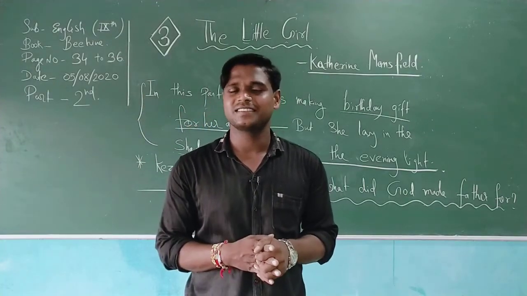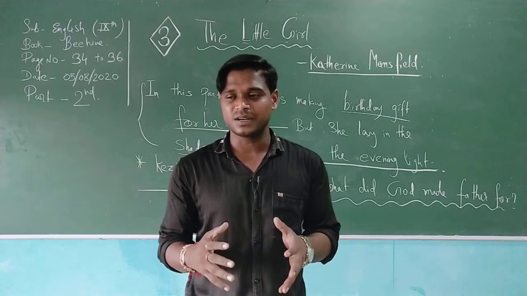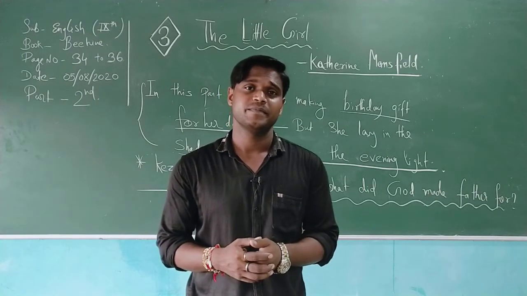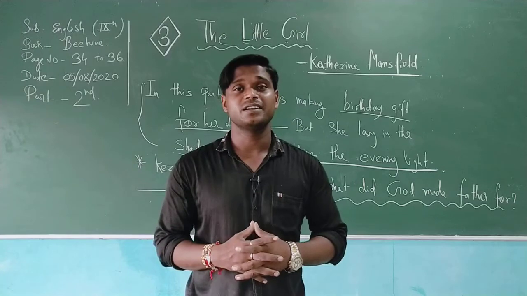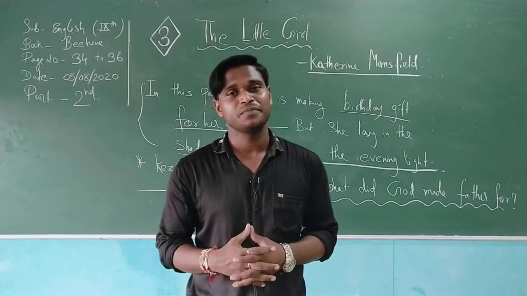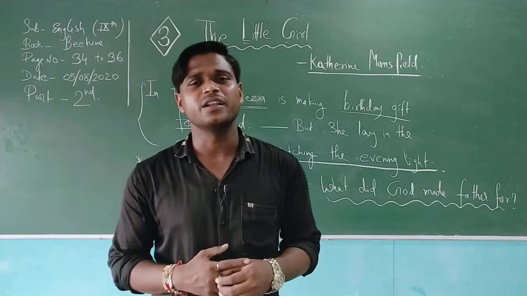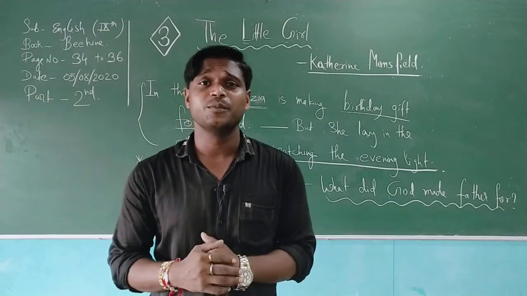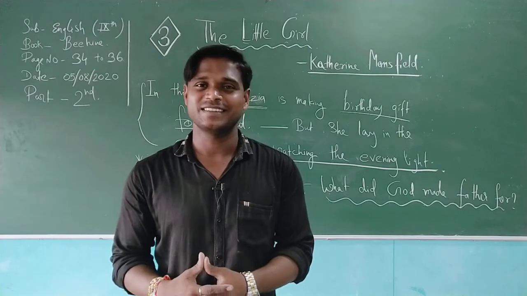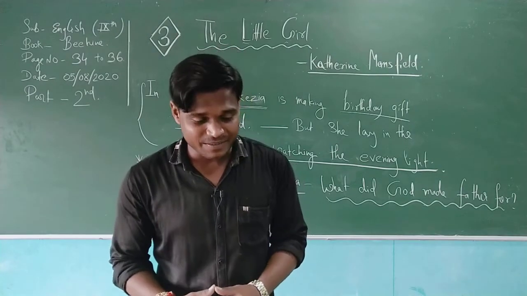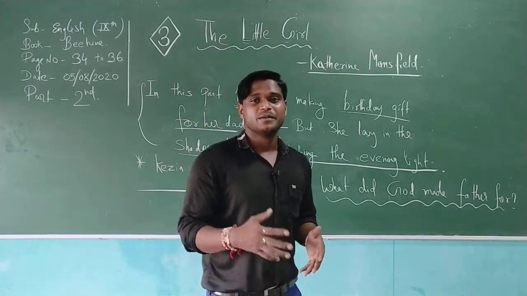And the father is telling, yes, I have a big heart. So now Kezia is not having that much fear towards her father. As she is coming closer towards her father, now she is having a change in her thought, and she is also thinking that fathers are not a different category, they are good enough and they behave according to their mood. And this is the whole lesson about the story, which is written by Katherine Mansfield.